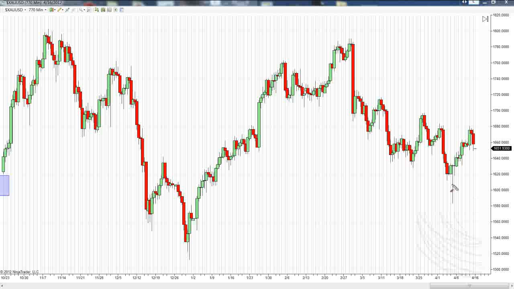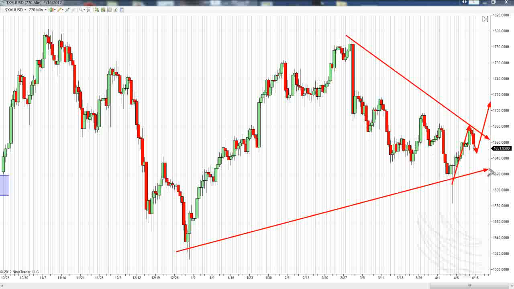It's about 1611, but we've got our 1, we'll have our 2, and then we'll have our final leg 3, which should stay within the confines, of course, of the triangle itself, the triangle correction itself. So we are getting a small retracement in the market, a correction, there's no doubt about that, but I would expect this to be the last leg down as we go towards the top of the triangle or the resistance point itself.